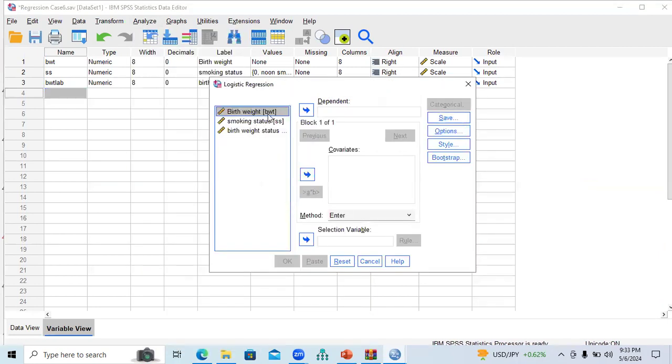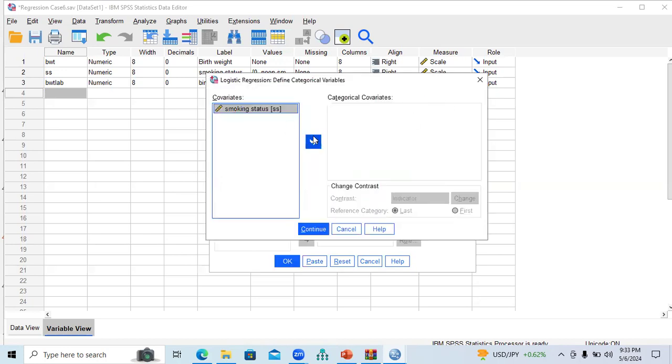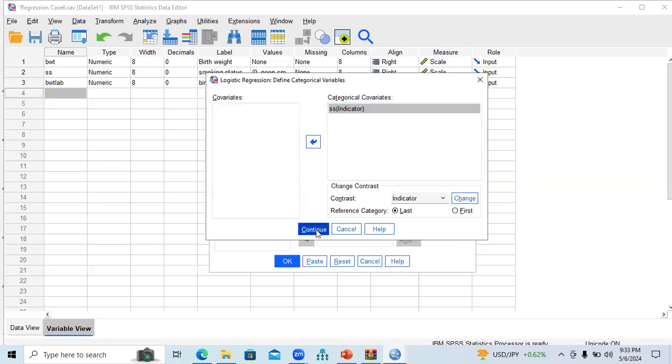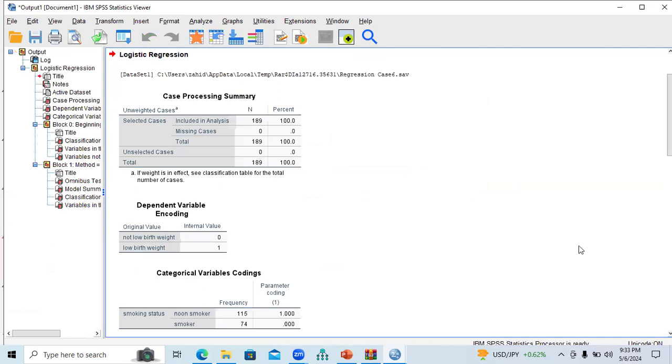Birth weight status is our dependent variable. Smoking status is our covariate or independent variable. As this is a categorical variable, we need to click on Categorical, put it here, click Continue and click OK. So it will generate our results.